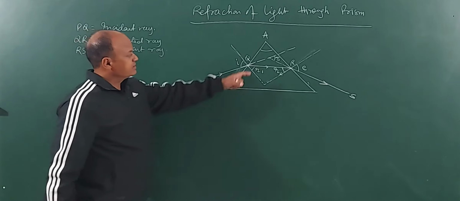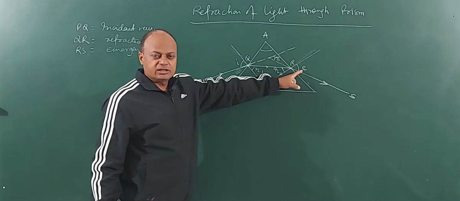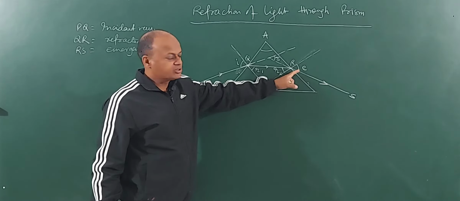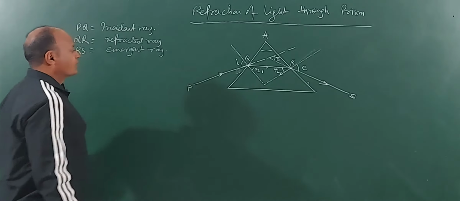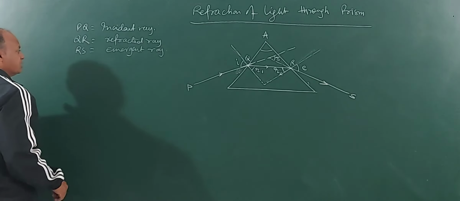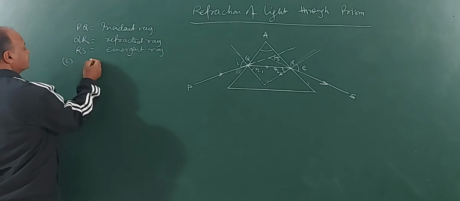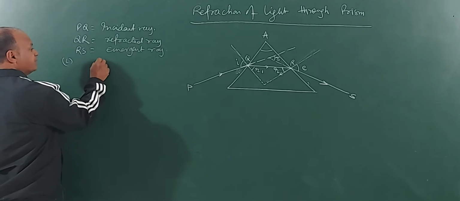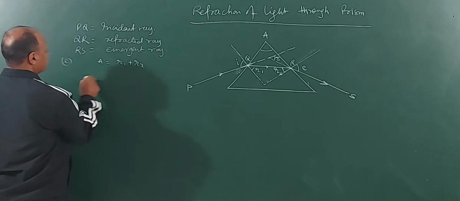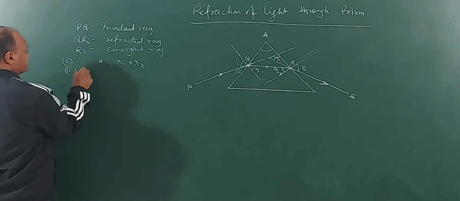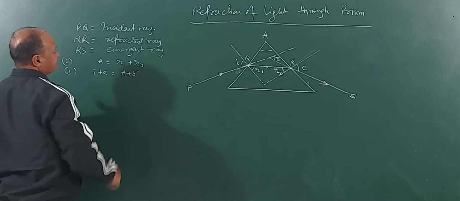The prism angle is A, I is the angle of incidence, E is the angle of emergence, R1 and R2 are angles of refraction. There are two laws that are obeyed here. The first law is A equals R1 plus R2, and the second law is I plus E is equal to A plus delta.